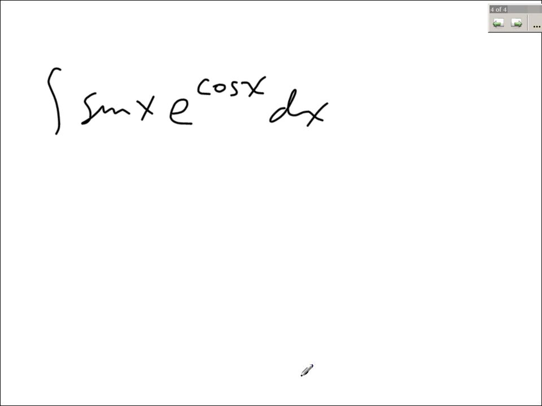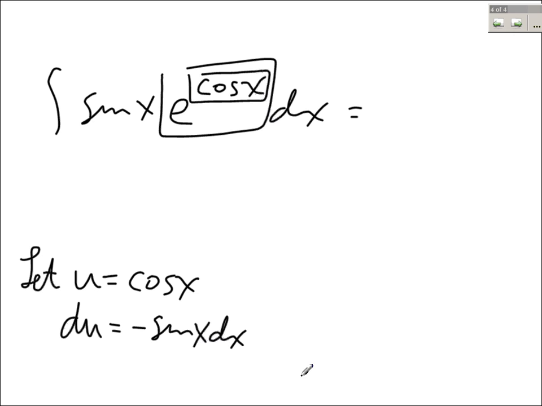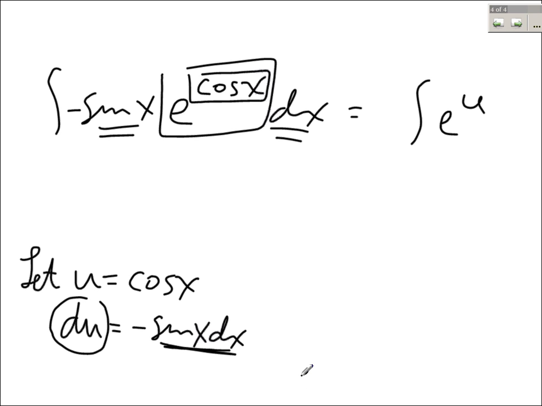You should usually let u equal the power of e, cosine x. Well then du is negative sine x dx. Well, this piece here, that's e to the u. And sine x dx, well, that's almost du. I just need a minus sign.